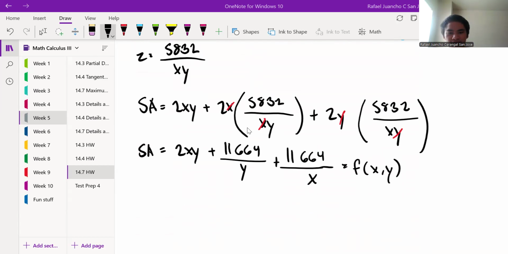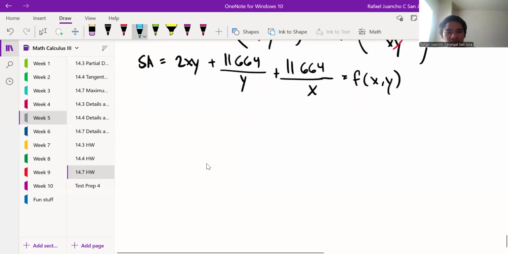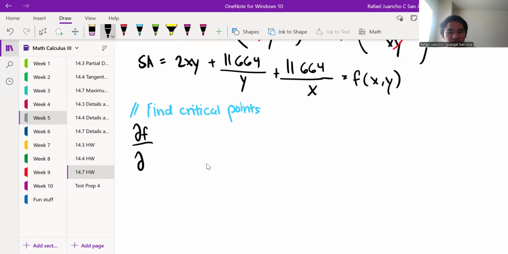And then I solve for z. So here, that's the idea. So now we want to find critical points. And so we take its partial of that function with respect to x, one with respect to y. So here I'm going to say, okay, this is 2y. This is 0.